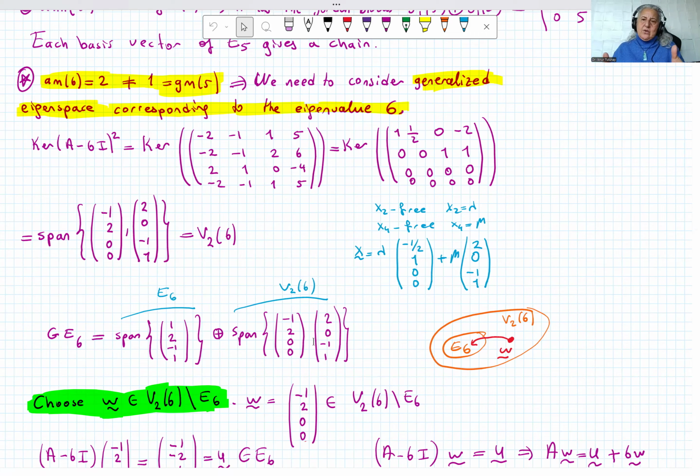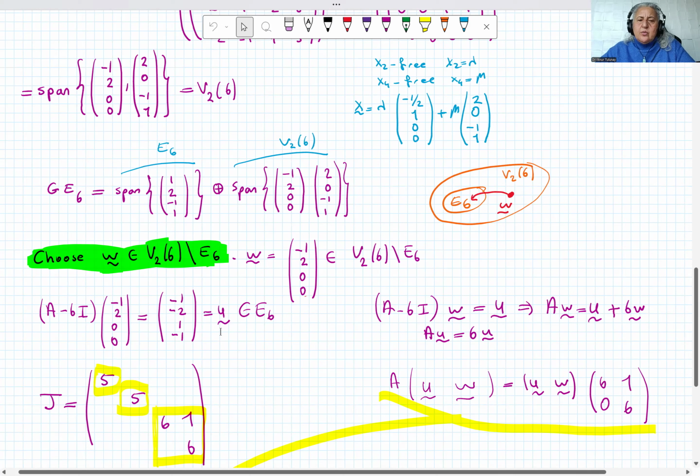Okay, so this vector is already in here, but not here. We can use this one and apply A minus 6I to this vector. We will obtain this vector, call this one u, but this vector is absolutely minus 1 multiple of this basis vector, which means that this vector is inside here.